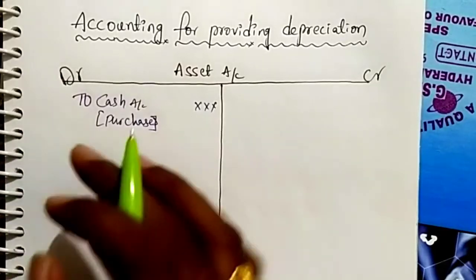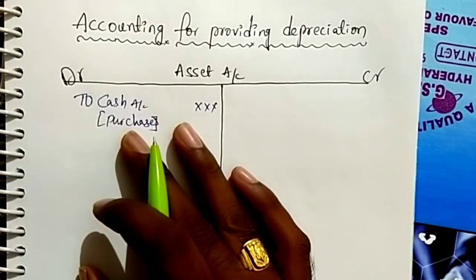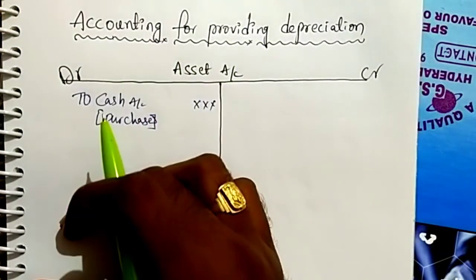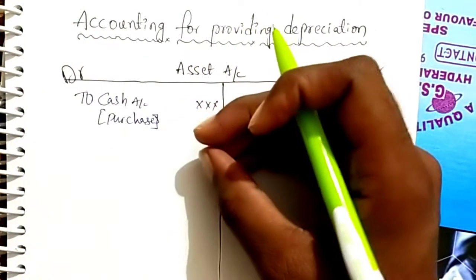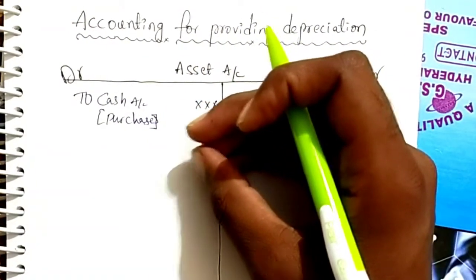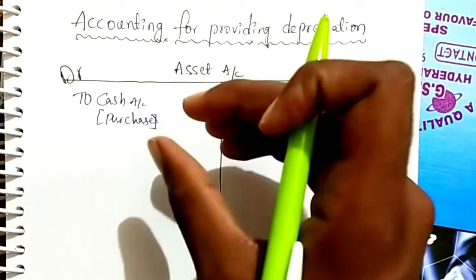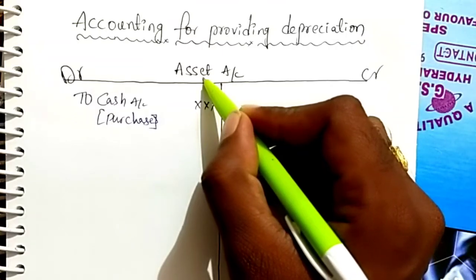At the time of purchase of asset, we have to install that particular asset into the business. So at the time of payment of any installation charges, again cash goes out. So that installation charges will be added to this asset value.